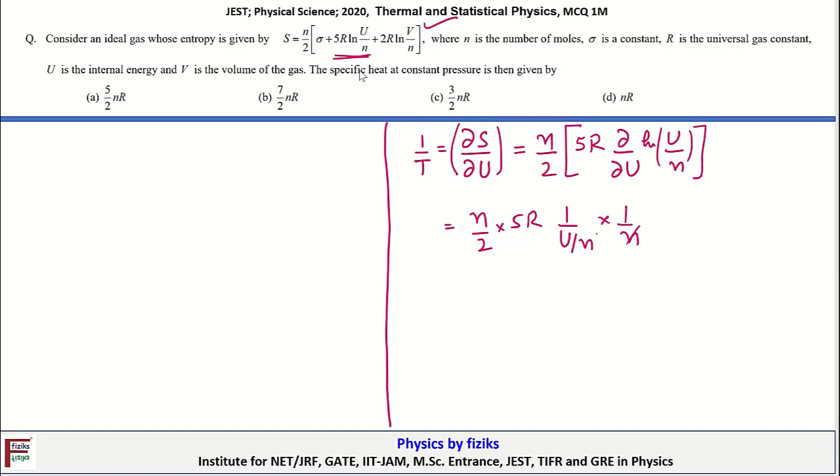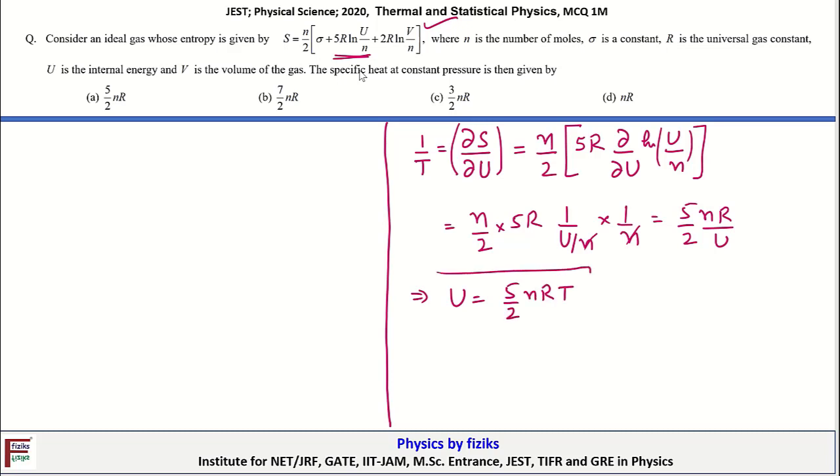So this N will cancel with this N, and we will be left with 5/2 NR divided by U. Rearranging this expression, we obtain that U is equal to 5/2 NRT.